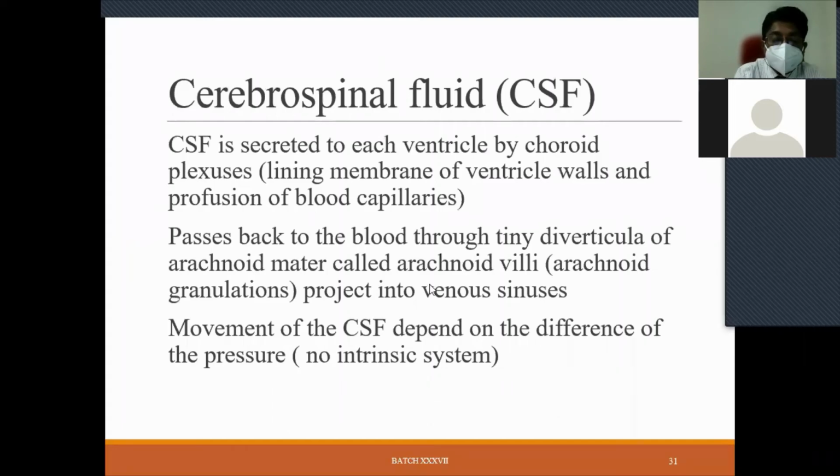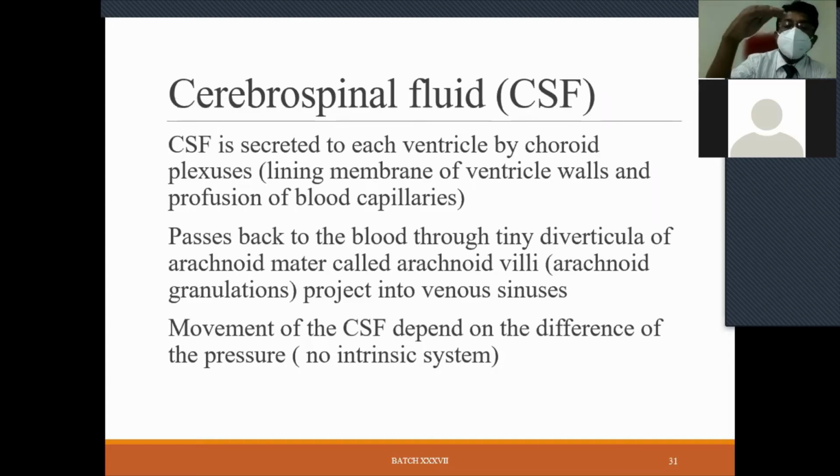As I said before, this ventricular system, these cavities, contain a fluid called cerebrospinal fluid. Cerebrospinal fluid is secreted into each ventricle by a place called the choroid plexus, which is the lining membrane of the ventricle walls with a profusion of blood capillaries.